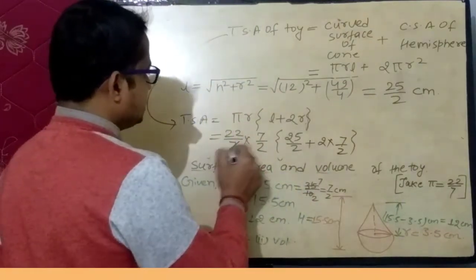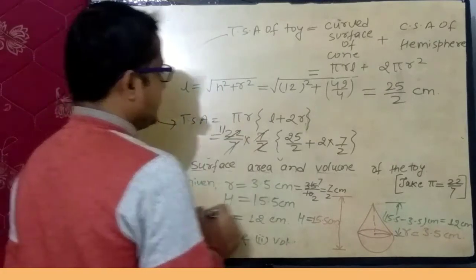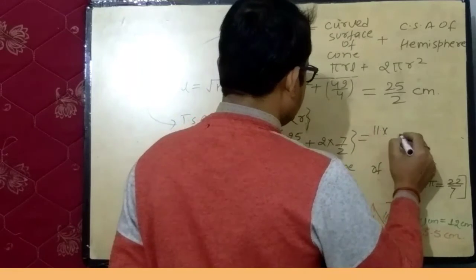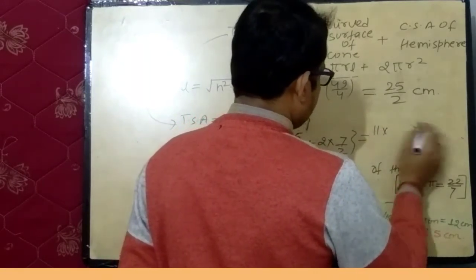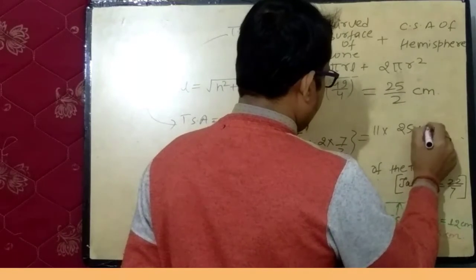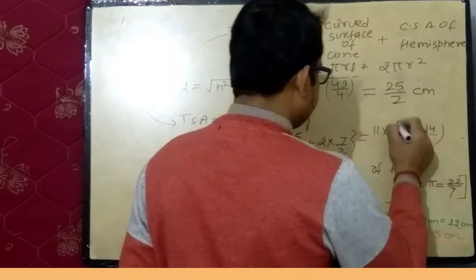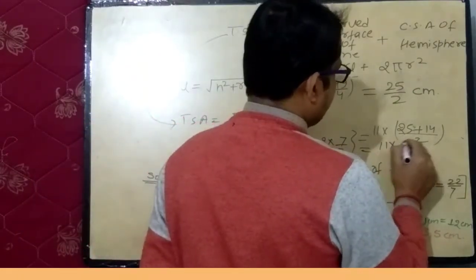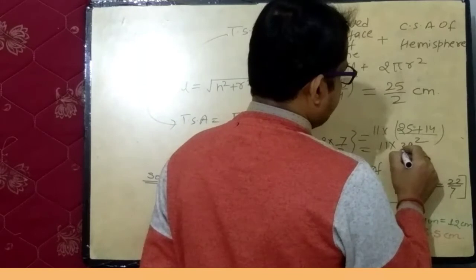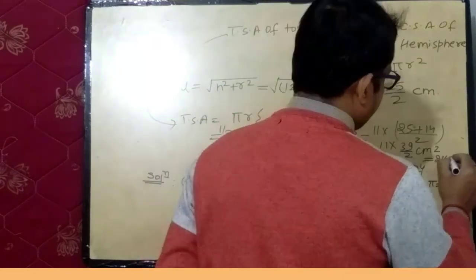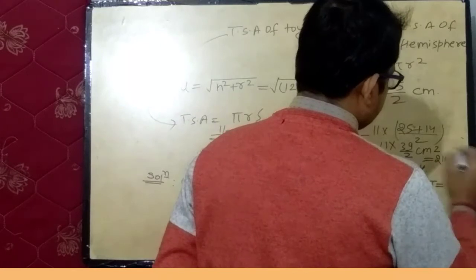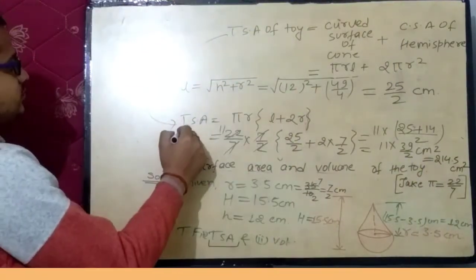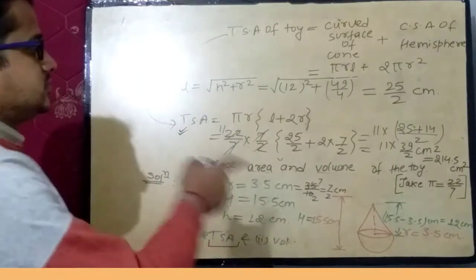Now solve this. 7 cancels, 11 2s are 22, and you will get 11 into 14 bracket 25 add 14 upon 2. Now solve it. 11 into 39 upon 2, 4.5 centimeter square. So by using this procedure you can calculate the TSA of this toy.